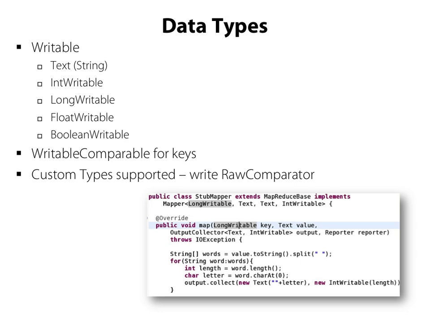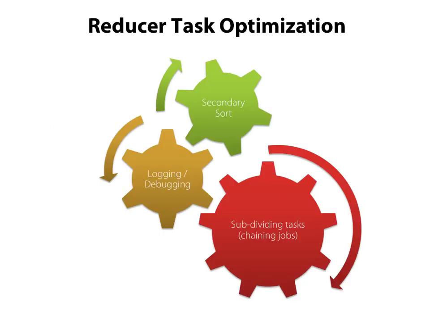Now, if we want to implement a custom type, then we're going to create that custom type in our MapReduce job, and we're going to write a raw comparator. You can perform what's called a secondary sort by writing that into your reducer task code. As you can with the mapper, you can implement logging and debugging so that you can better understand what the reducer is actually producing. And again, I'll mention you can subdivide tasks and chain jobs.